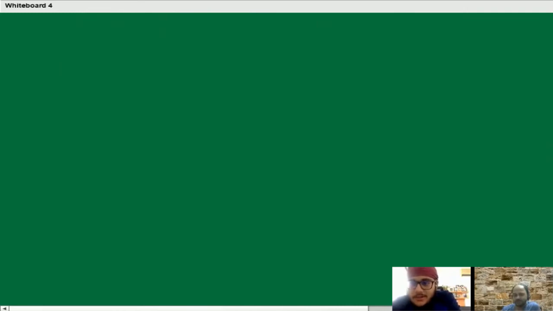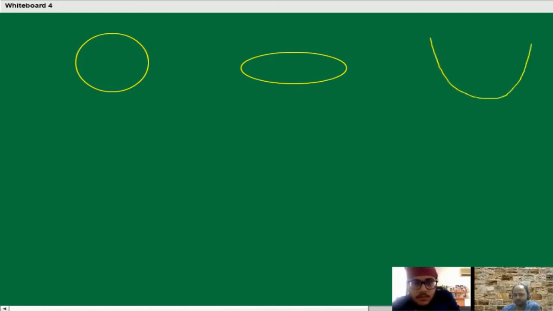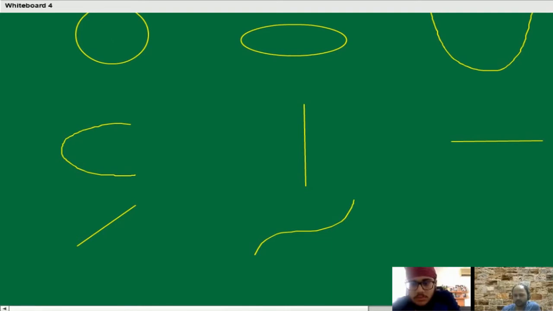Okay, so let's come to a few graphs. Suppose we draw these types of graphs. Let me draw the very well known graphs: a circle, ellipse, parabola, vertical line, horizontal line, slant line, graphs like this.